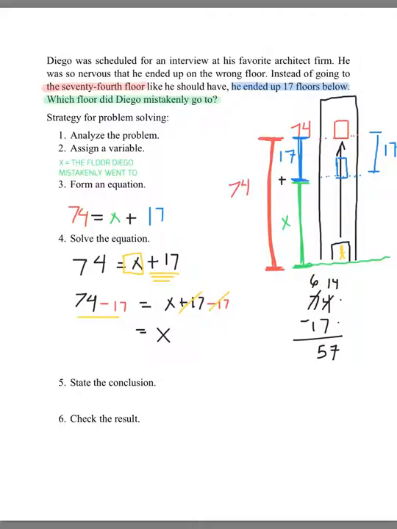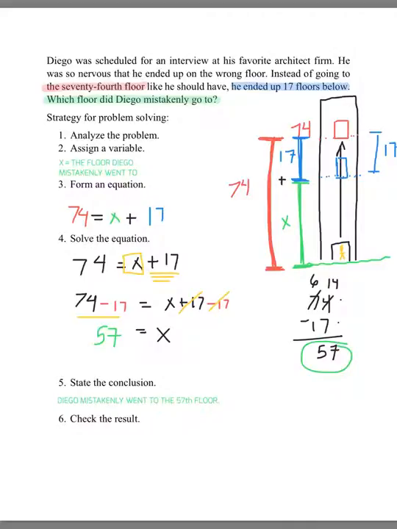Then Diego mistakenly ended up on the 57th floor. Let's say our conclusion clearly. Since the question was which floor did Diego mistakenly go to, our conclusion is going to say Diego mistakenly went to the 57th floor. Again, our conclusion is simply the question asked, reworded in the form of a statement.